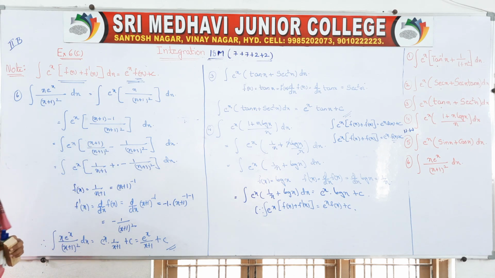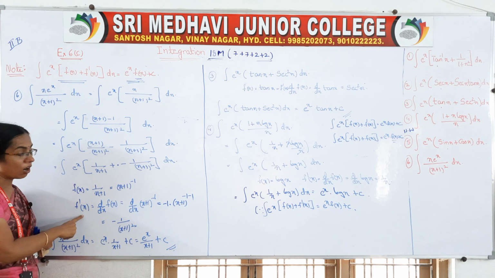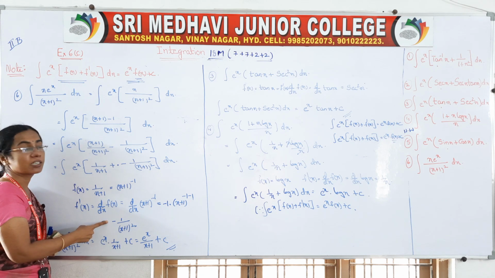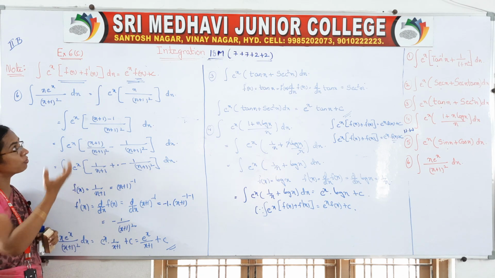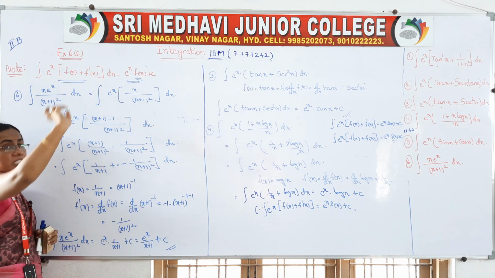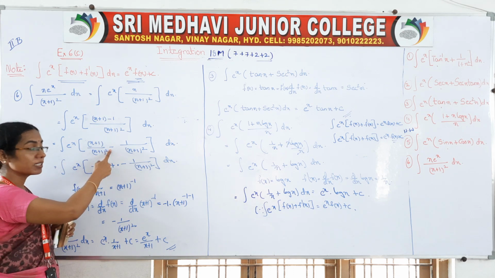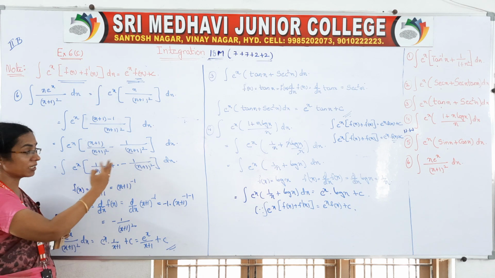Why am I writing that? If I take this value as f of x, after the differentiation I got minus, and in our formula there is plus between f of x and f dash x. Between the two terms there should be plus. So that's why, here minus is there. We can write minus as plus of minus.